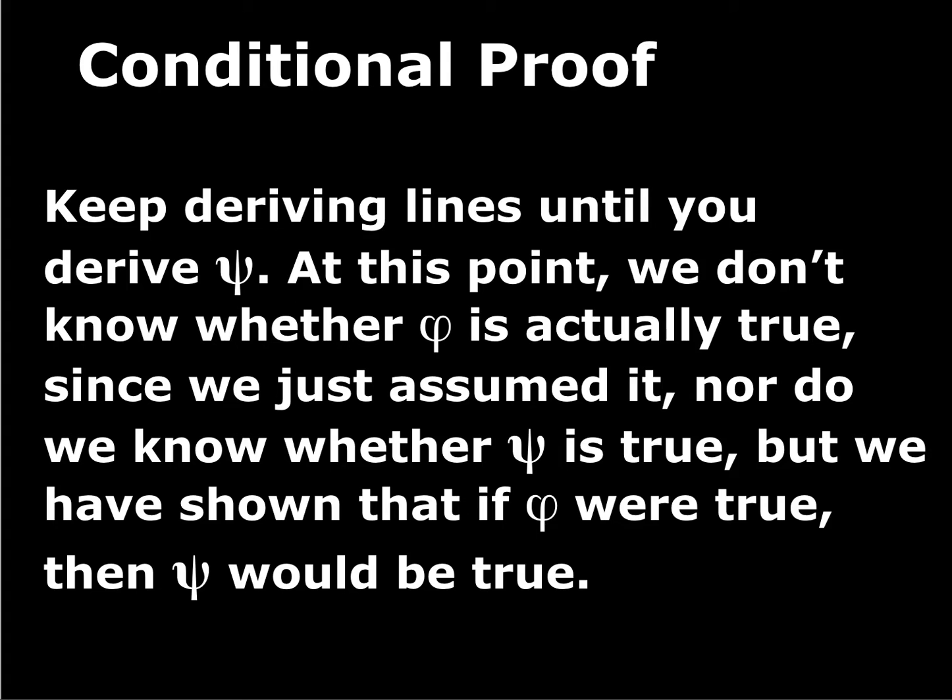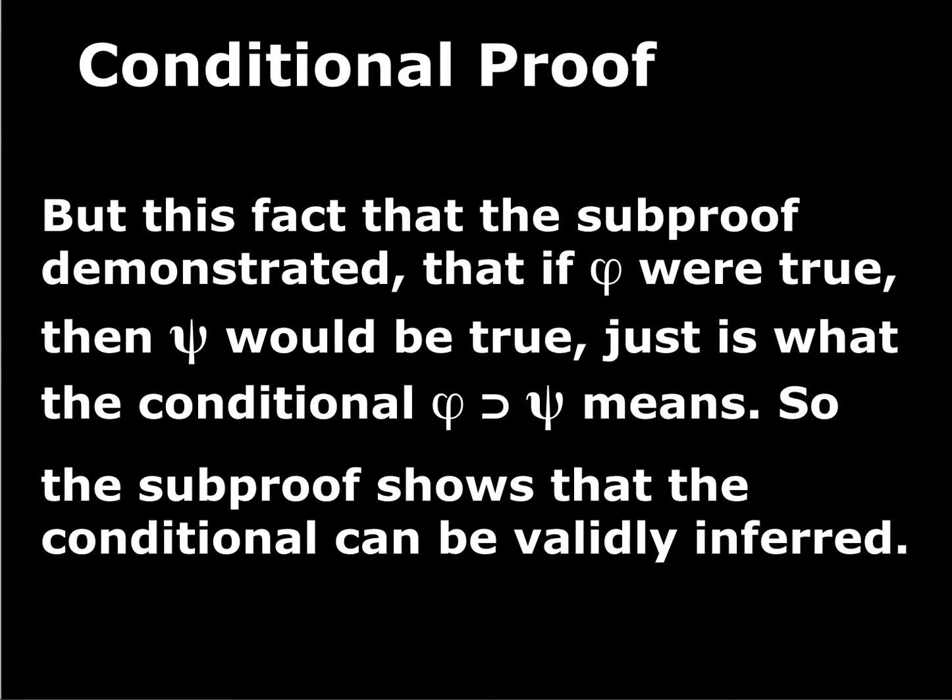If you could make your friend drink the liquid just for pretend, you make him drink it, he dies, then you go, oh, just pretending, but now at least I know that that conditional is true, okay? So this fact, of this, what we're going to call this subproof, this is the part of the proof where you're pretending that phi is true, that you managed to derive psi.